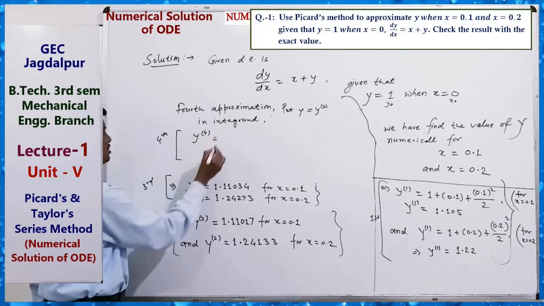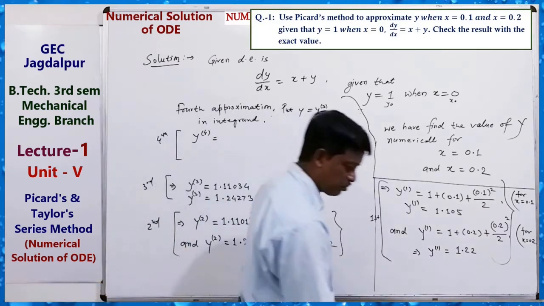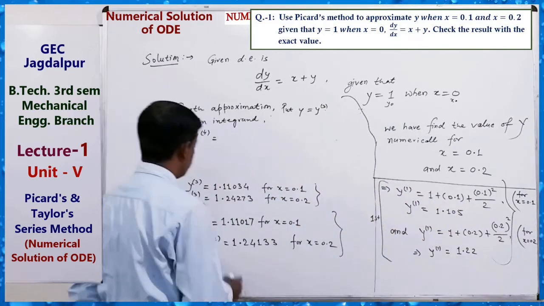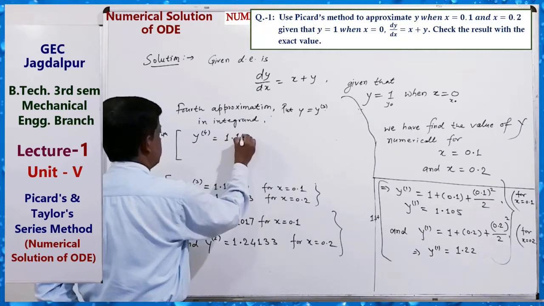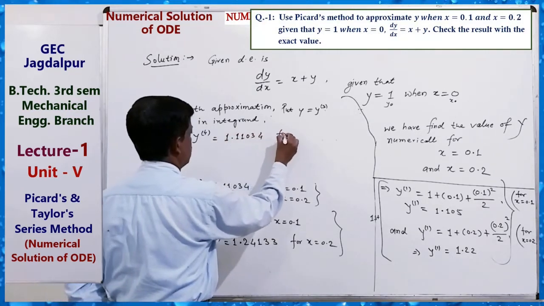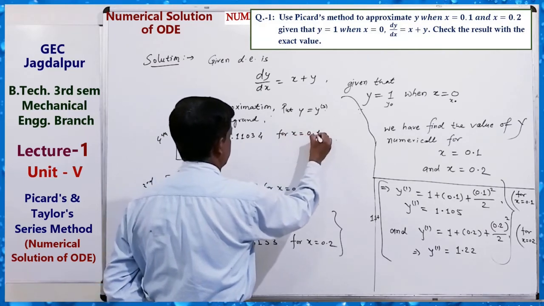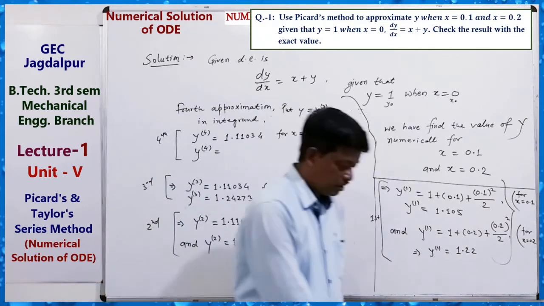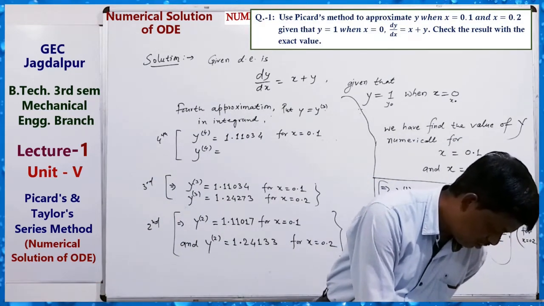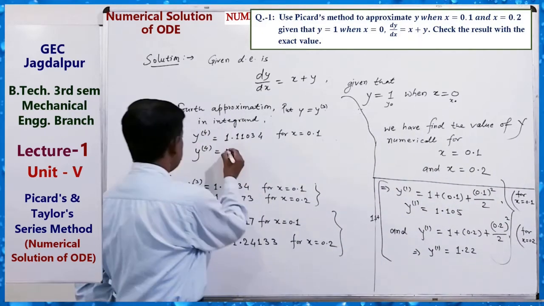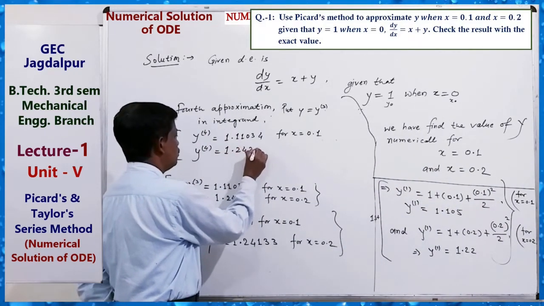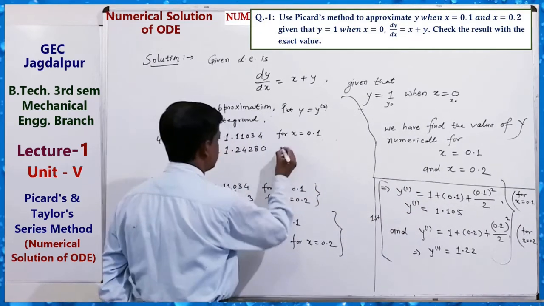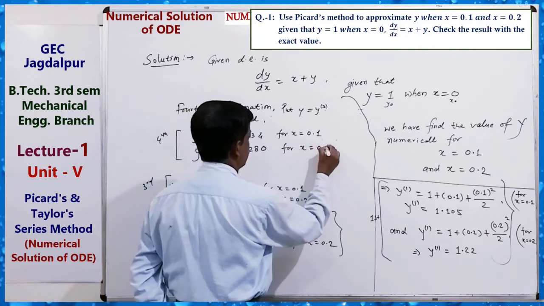In a similar process, you can get the value of y4, the fourth approximation: 1.11034 for x equals 0.1 and y4 equals 1.24280 for x equals 0.2.